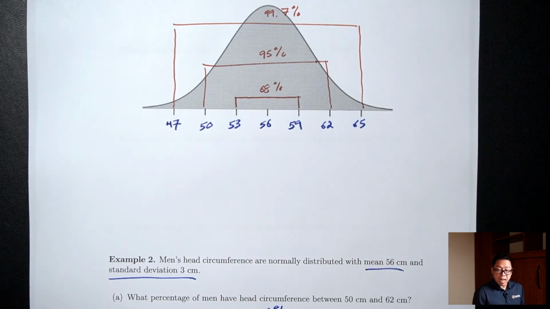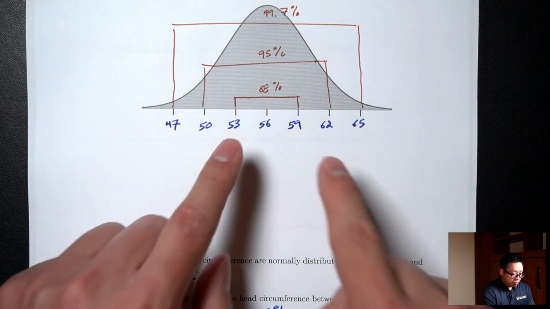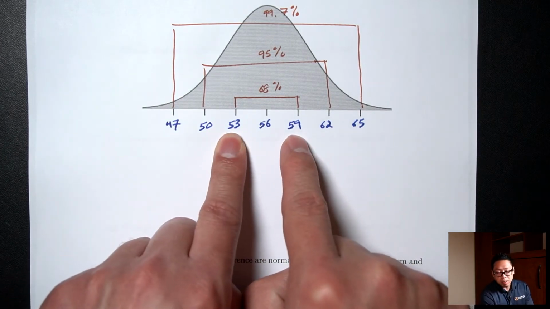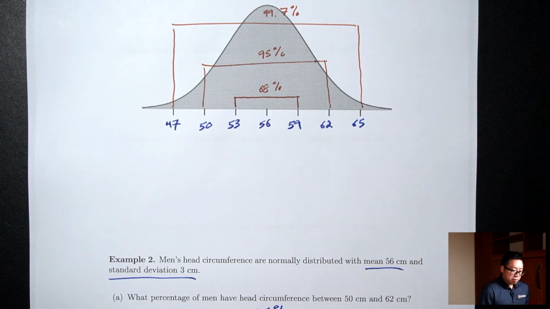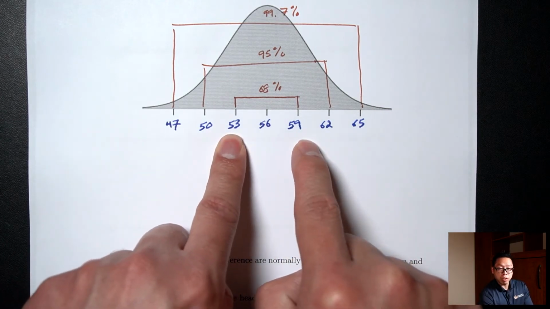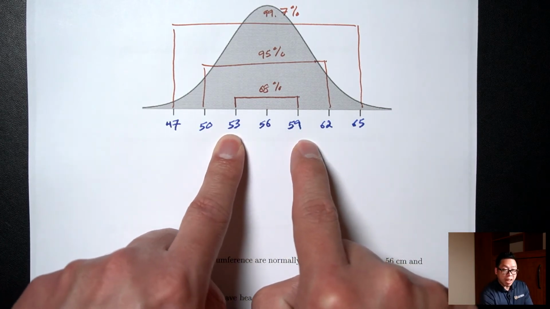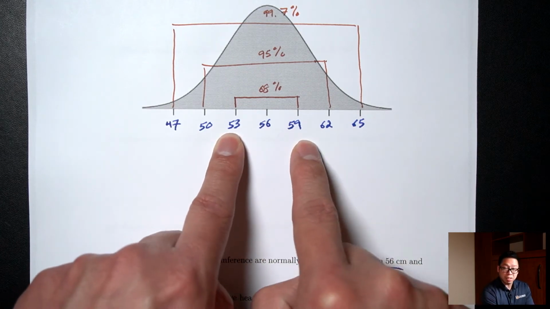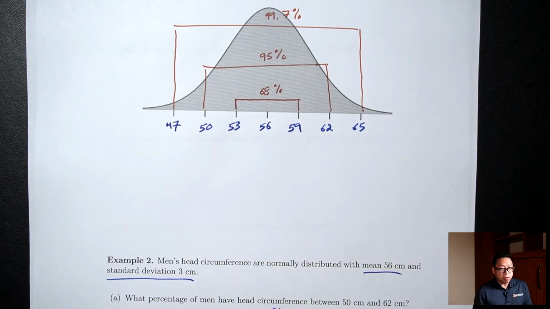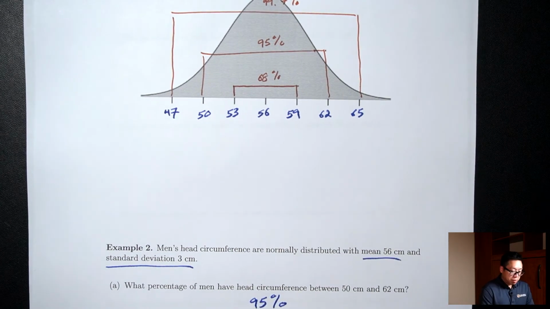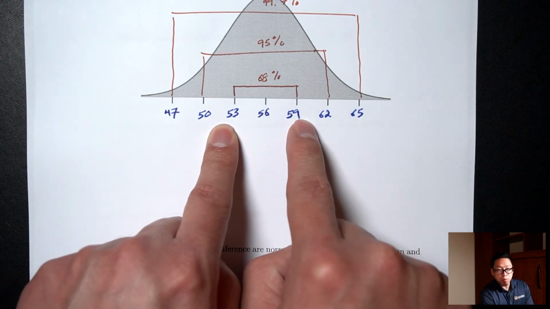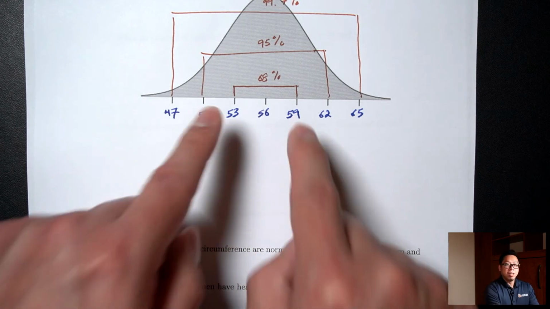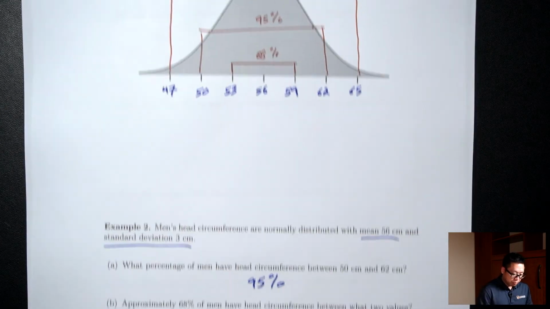So if I'm a hat company and my medium hat fits 53 to 59 head sizes, that's 68% of the population, right? That's a lot. So more than half of people would wear size medium if that's the case. So that would tell me how many medium hats I need to make. If I'm a clothing store and I'm ordering hats, 68% of the population would wear medium. So I need to order a lot of mediums to account for that.